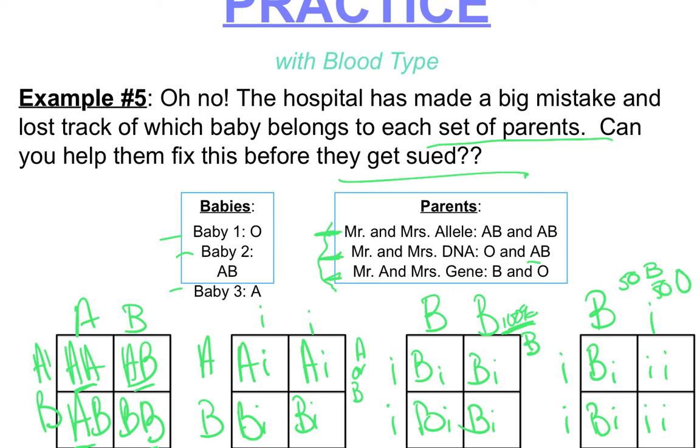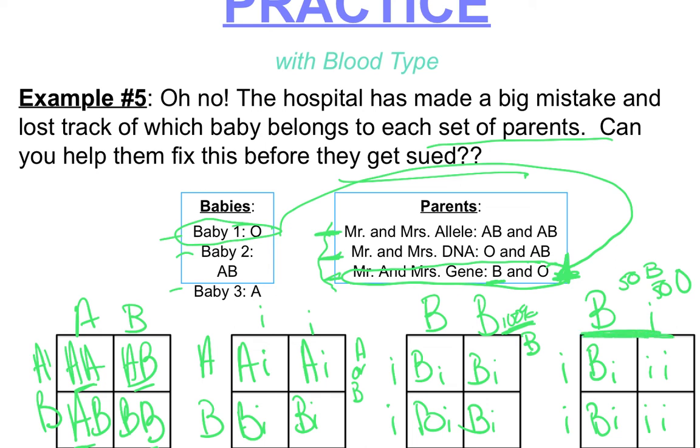So when I look at my babies, I have baby number 1. Baby number 1 has type O blood. The only option for type O blood is right here. So baby number 1 belongs to couple number 3. And couple number 3, whoever this is, Mr., it looks like Mr. is heterozygous, so he's Bi.